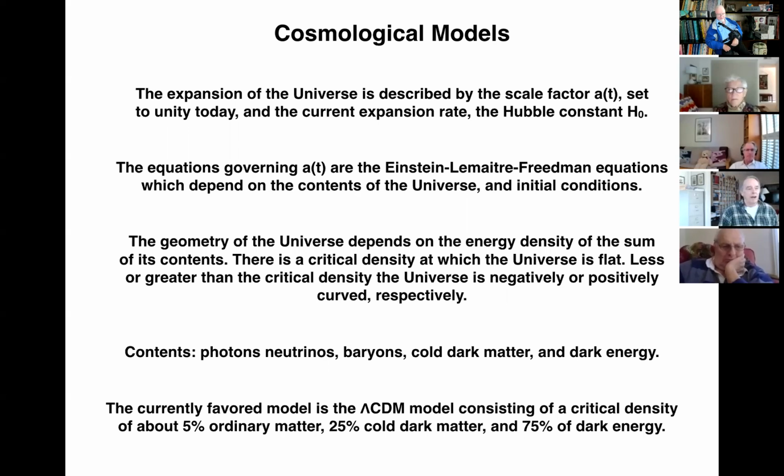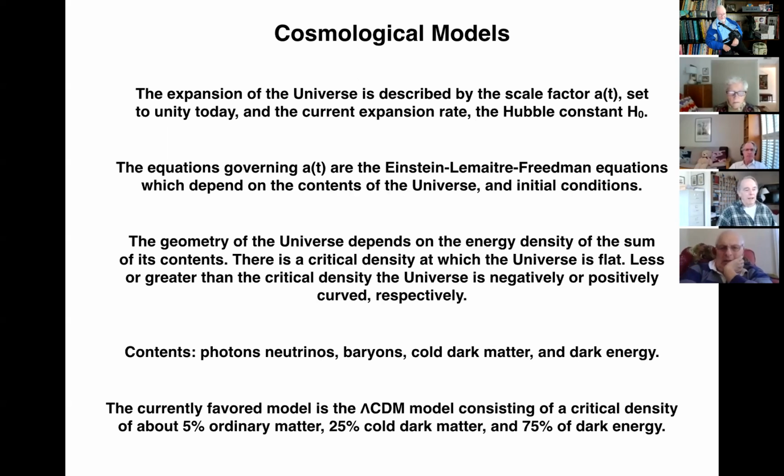I've called them a(t) on top, which today has the value of unity. In prior epochs, it's smaller, reflecting the fact that the universe in the past was smaller than it is today, in the sense that the distance between two clusters of galaxies has been expanding as the universe ages.